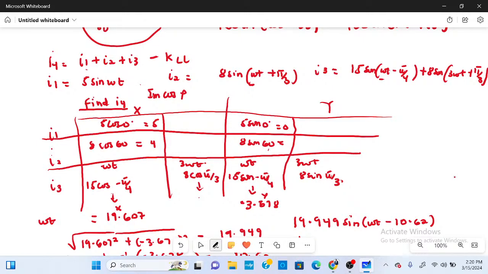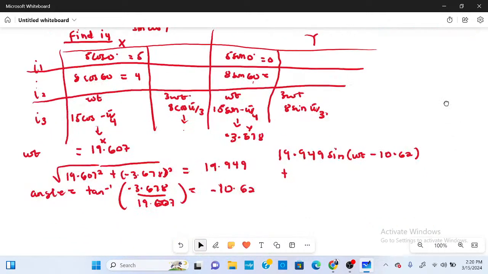So from the question I gave above, I have only 8 cos pi on 3, that is 8 cos 60, giving us 4 as the 3 omega t x component, and 8 sine 60. So what is 8 sine 60? So we are getting 4 for the magnitude, 4 squared plus 8 sine 60 all squared, right?